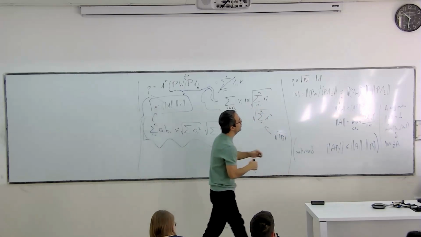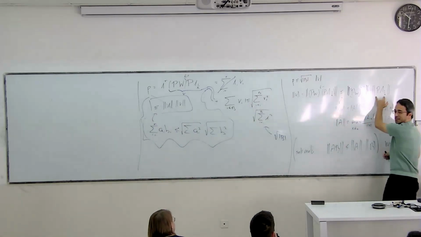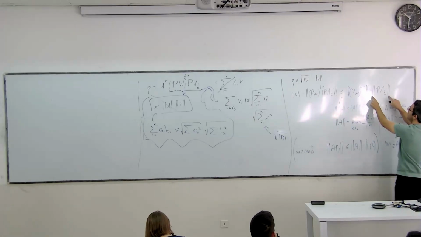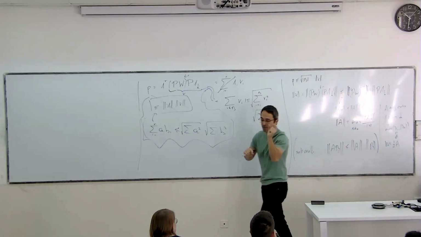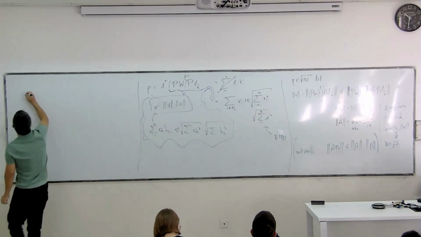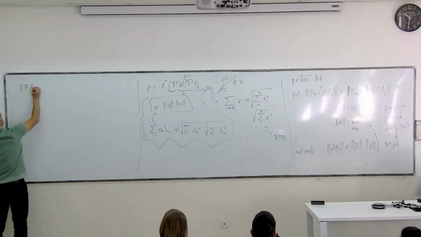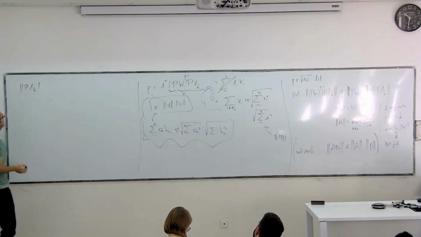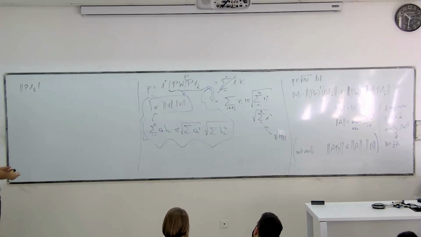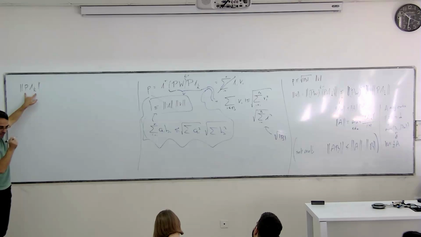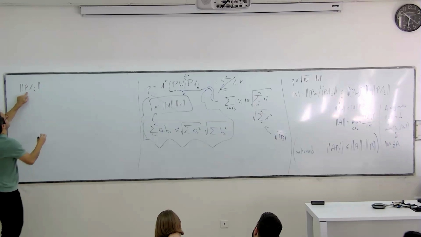Okay. So we have to analyze this thing and that. Let's start with the vector norm. I can just look at the vector. So what is this vector?